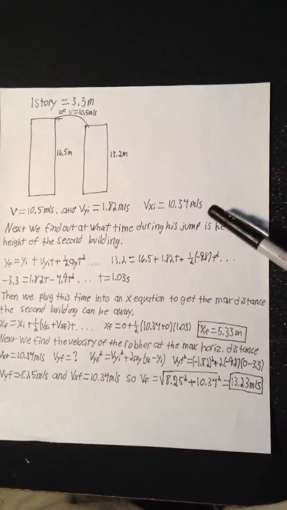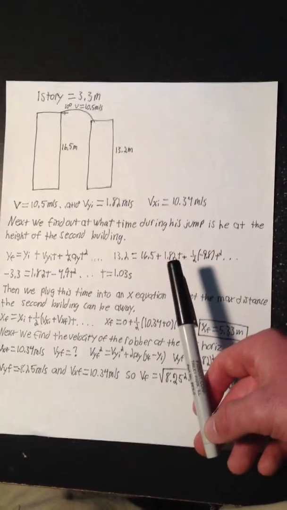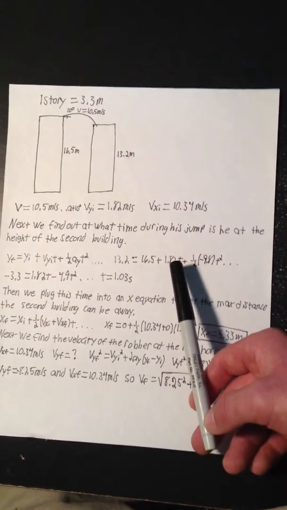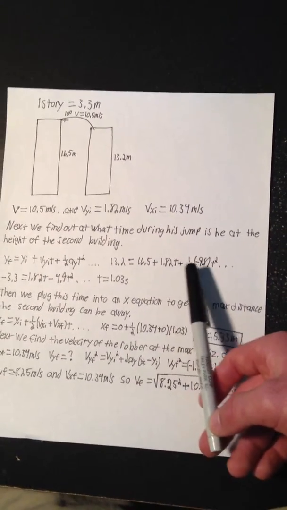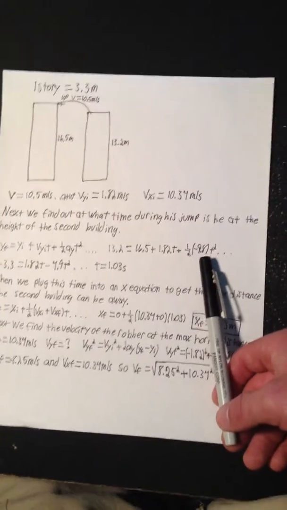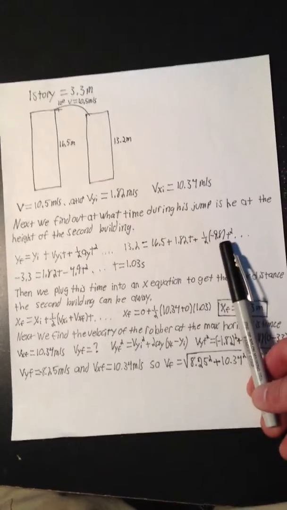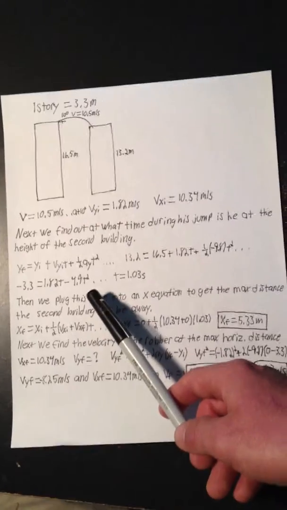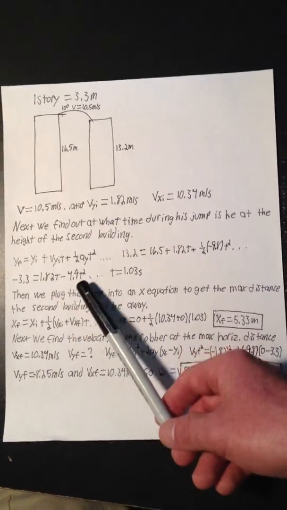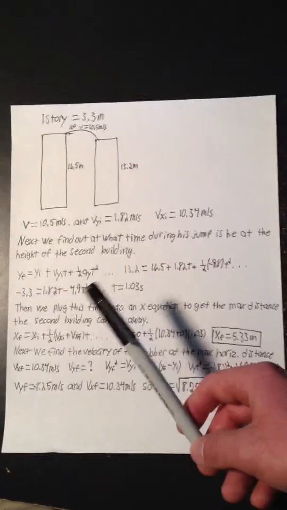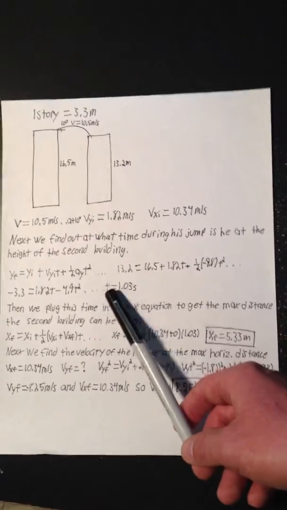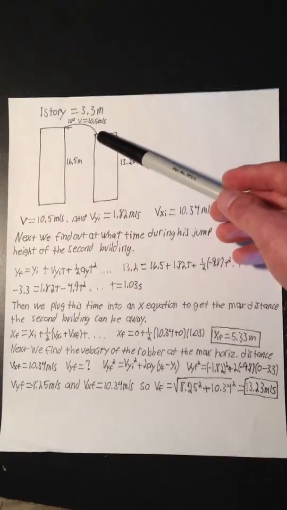And we plug in 1.82 for his initial y velocity and negative 9.8, of course, for gravity, and solve for t. I used my graphing calculator to solve this equation, and I get time equals 1.03 seconds when he's vertically at the height of the second building.